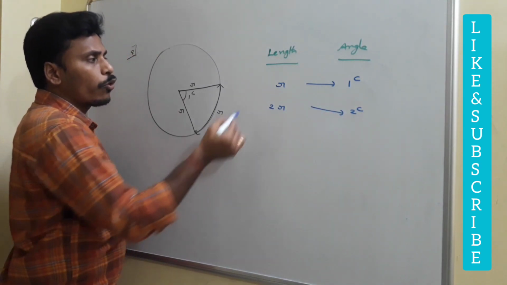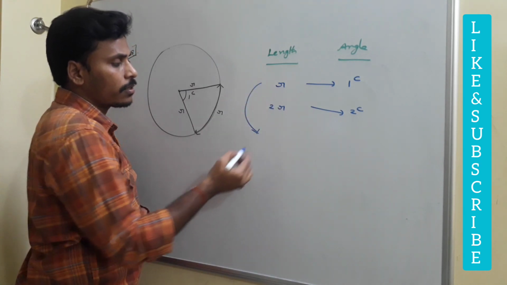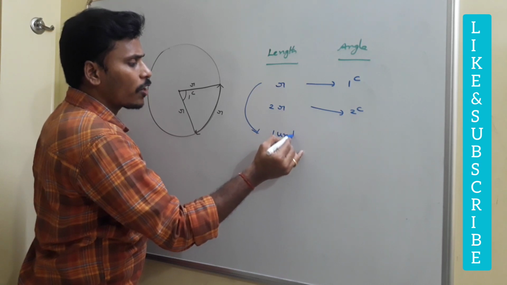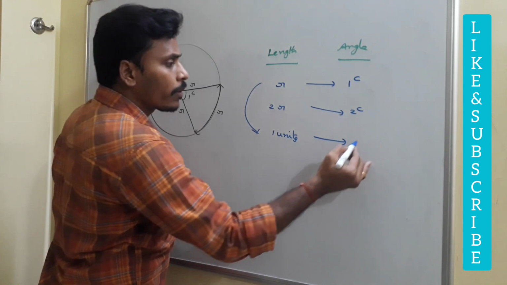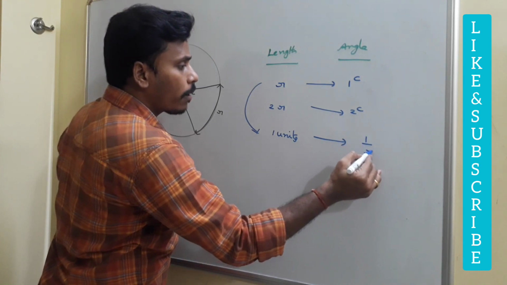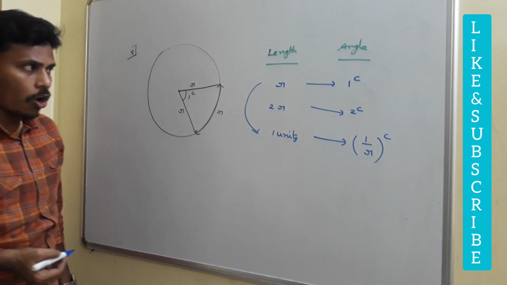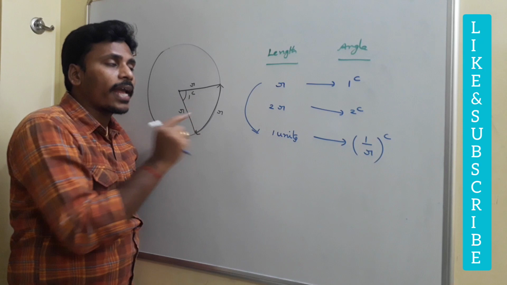Now what I am going to tell you is, if the length of the arc is 1 unit, where R means R units, then your angle is 1 by r radians. Just look at this. For a length of r units, your angle is 1 radian.